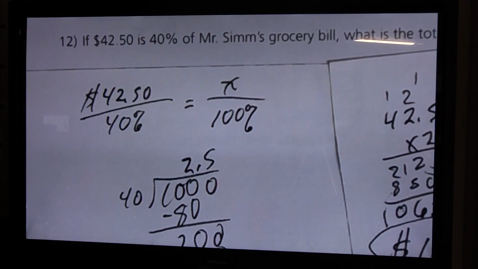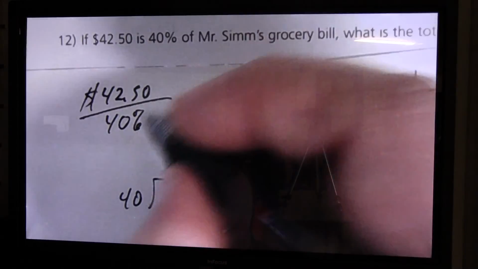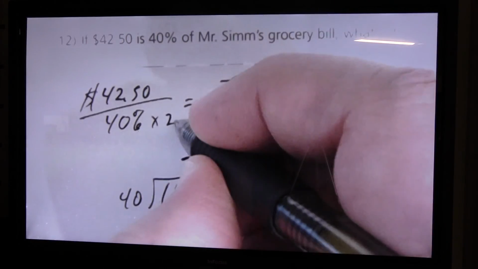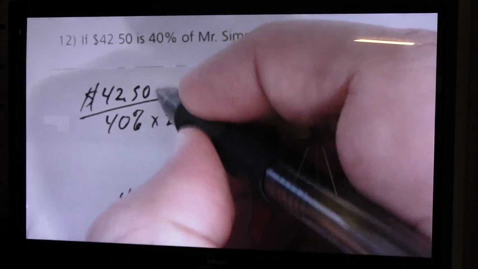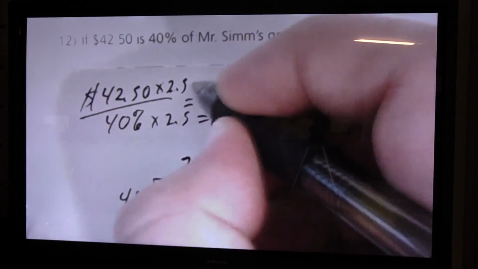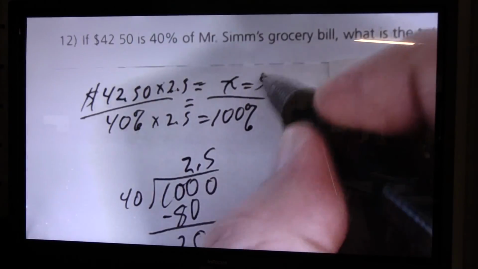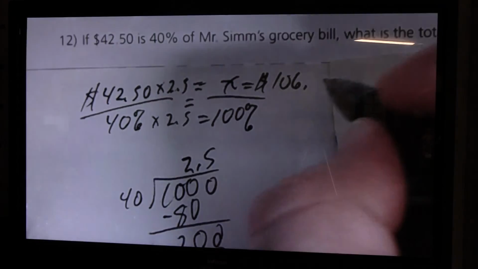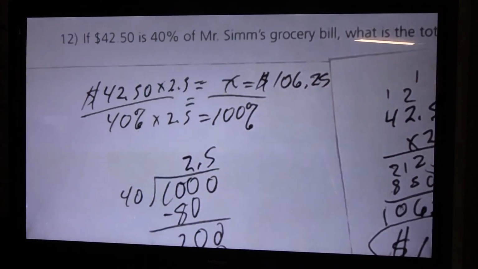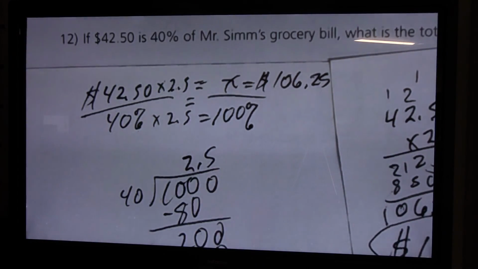You had to figure out what you did to 40, and we determined that they multiplied that by 2.5, so you had to multiply $42.50 by 2.5, and we said X equaled $106.25. Okay, I'm going to stop there and let you all have a chance to show me how it's done.